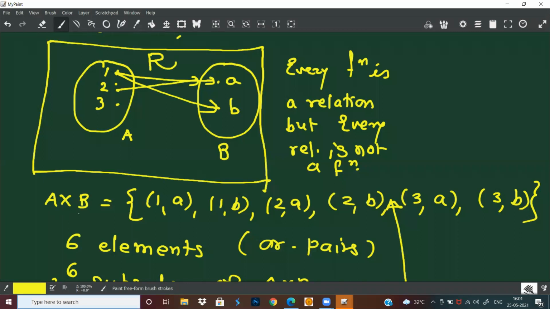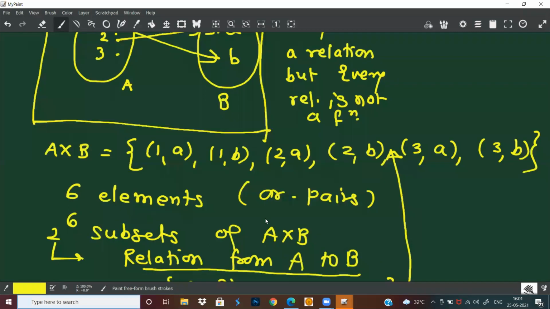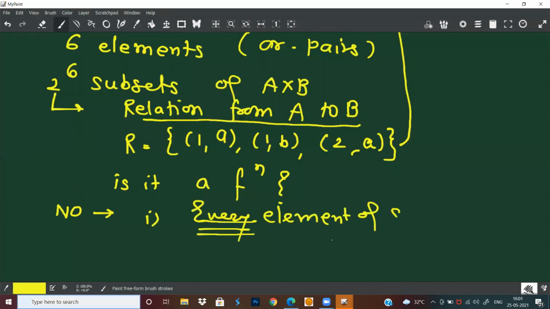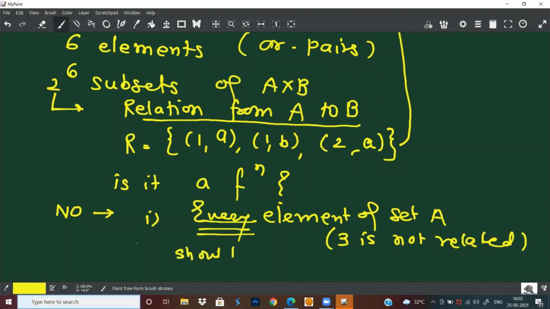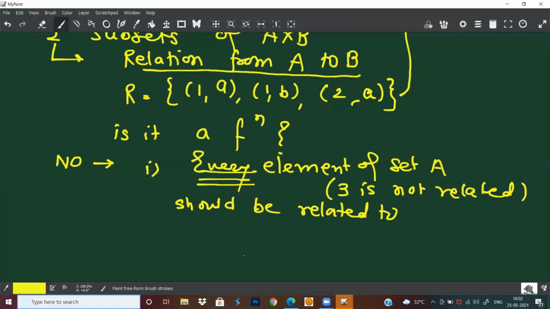Reason is every element of set A should be related to only one element of set B. You remember?